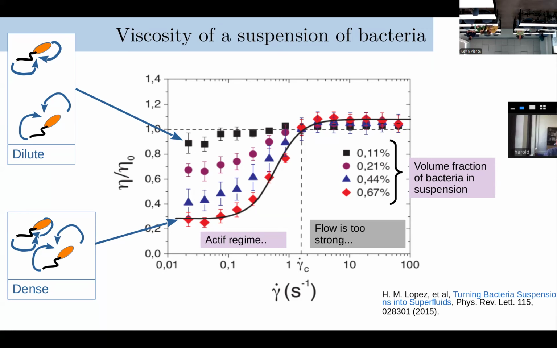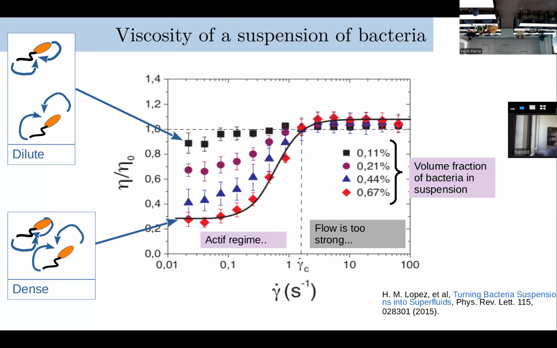And this is very counterintuitive because Einstein proved many years ago that if you put particles in a fluid, you increase its viscosity. And it's not what we observed here. If you increase the number of bacteria, you decrease the viscosity of the suspension.